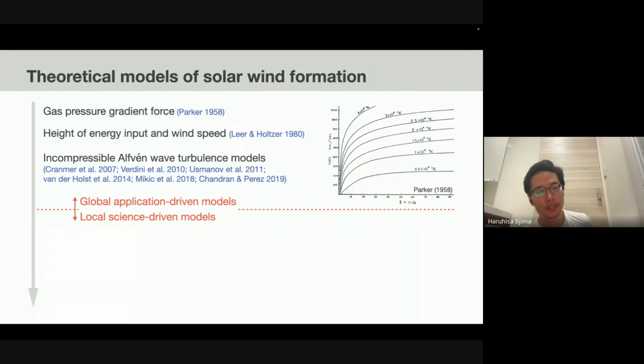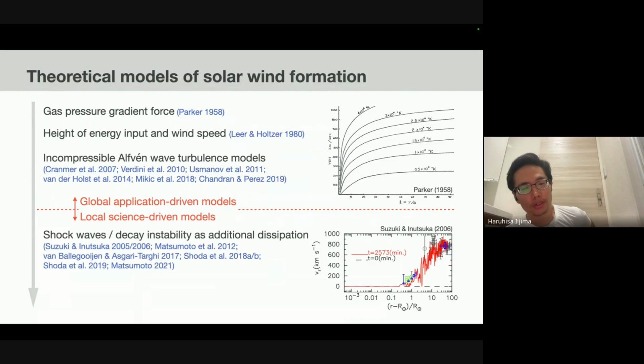These processes are sometimes implemented in global models, and sometimes used for, for example, space weather predictions. Below this line, currently it is very rare for them to be used in solar wind prediction.